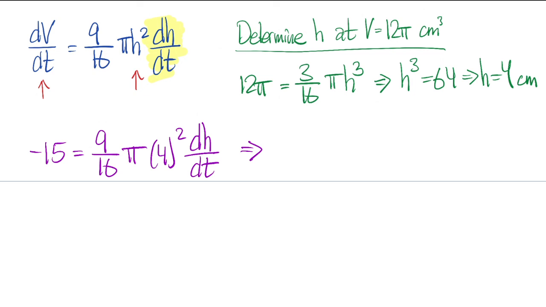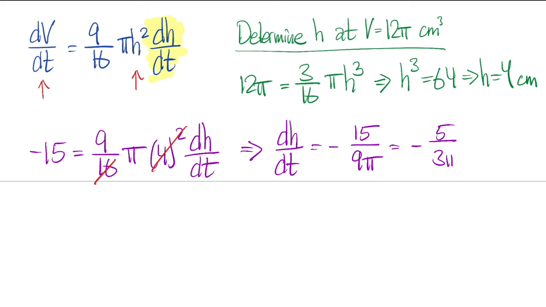And right away we can see that 4 squared is 16, so this will cancel against this 16. And then if we rearrange it, we're going to get dh/dt equals negative 15 over 9 pi, which can be reduced to negative 5 over 3 pi. And the unit here will be centimeters per minute.